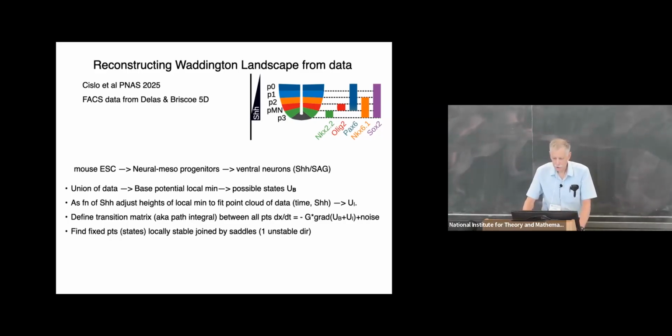And these progenitor cells, as you see in the upper right diagram, are then exposed to varying amounts of sonic hedgehog, or SAG, from the floor plate and acquire different fates.